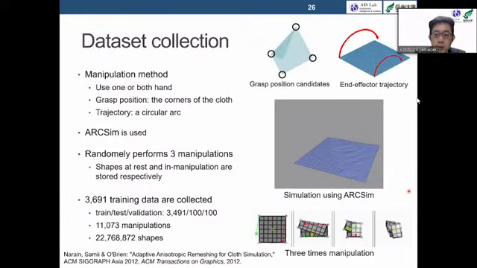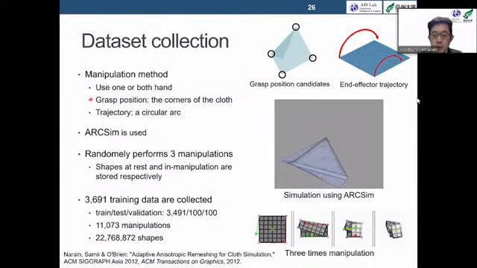The training data necessary for training the networks used in the experiments were collected using the following setup. First, we decided the manipulation method, that is, operate with one or both hands, and the grasping position is limited to the corners of the fabric. The hand is assumed to move in a circular arc, and ArcSim was used as the simulator.